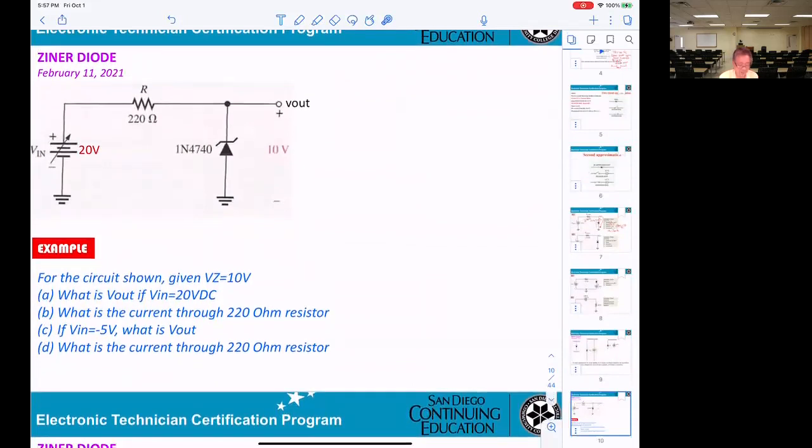Okay, now, for this circuitry here, the Zener voltage will be 10 volts. And the voltage here will be 20 volts. So the question is, is it a Zener breakdown or not breakdown? How do we know?